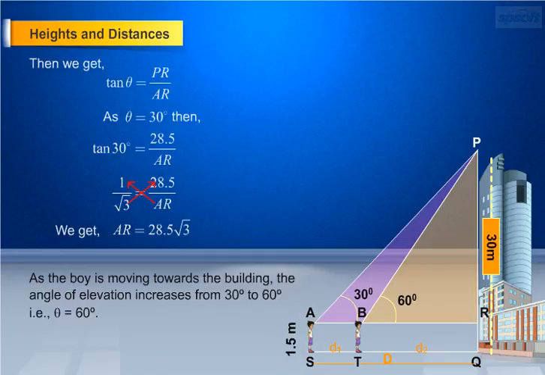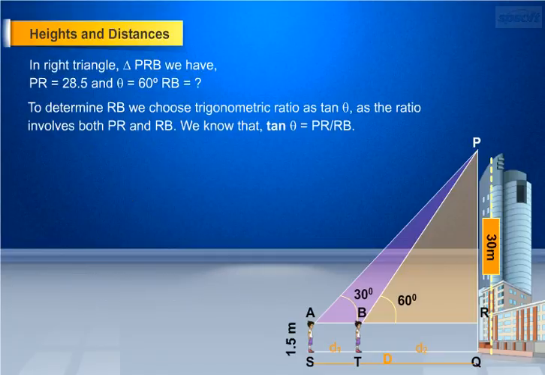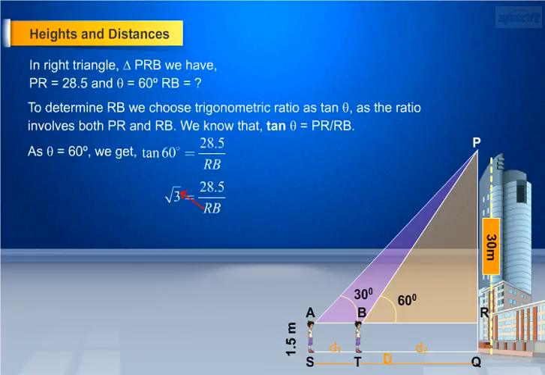To determine RB, we choose the trigonometric ratio tan theta, as the ratio involves both PR and RB. We know that tan theta equals PR by RB. As theta equals 60 degrees, we get tan 60 degrees equals 28.5 by RB. As we know that tan 60 degrees equals root 3, we have root 3 equals 28.5 by RB.